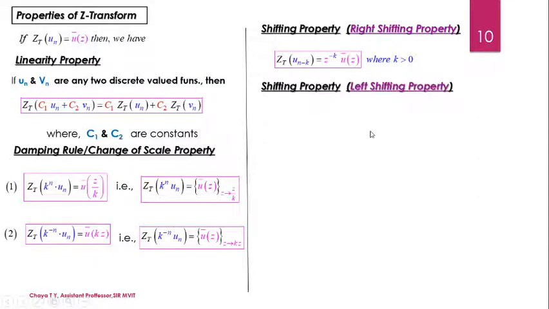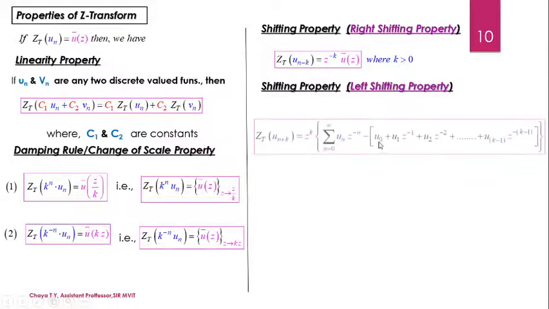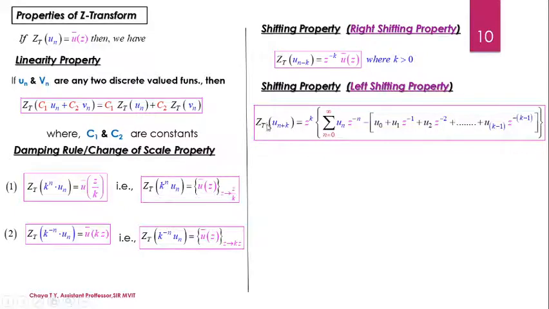Now let us consider the left shifting property. What's the statement of left shifting property here? If you want to find the Z transformation of a sequence un which is shifted towards the left by k times, we denote it as u suffix n plus k. Here n plus k denotes that the sequence un is shifted by k times towards its left.